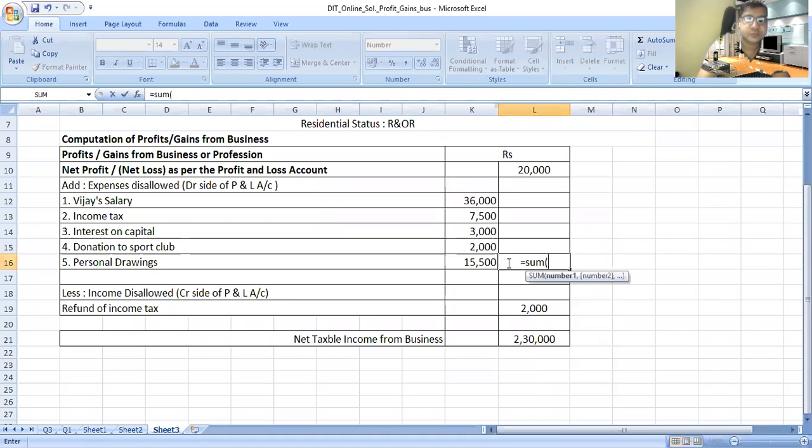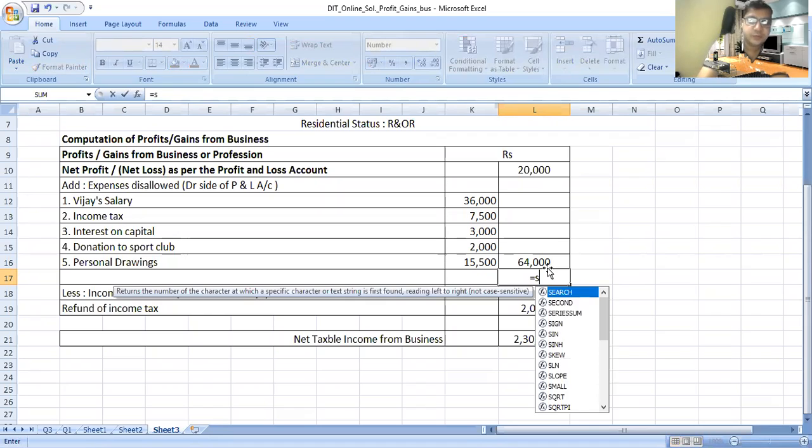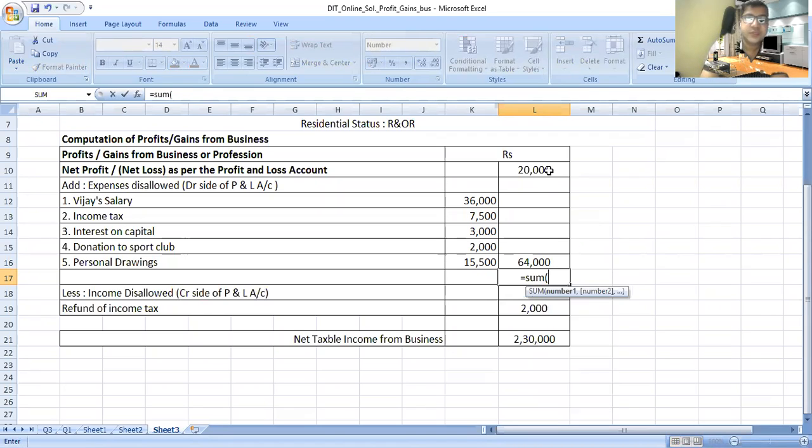The total of the inner column is 64,000. Then net profit plus 64,000: net profit is 20,000 and inner column total 64,000. It means the total is 84,000.